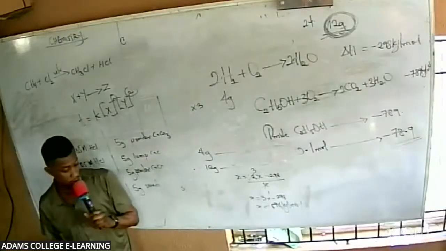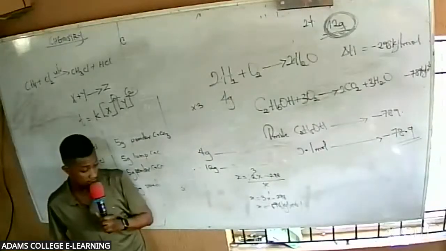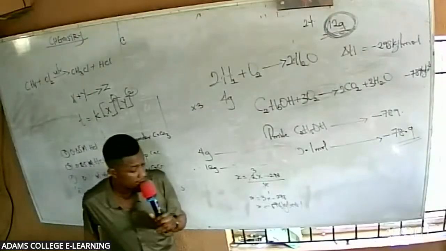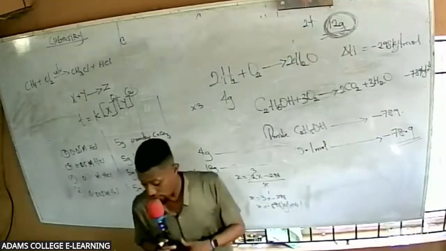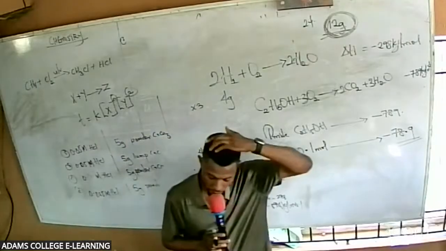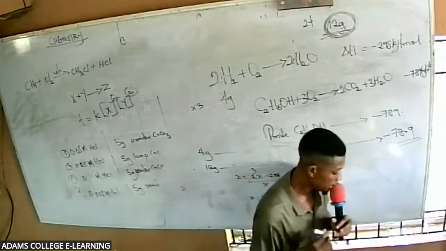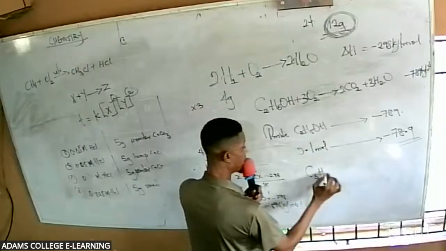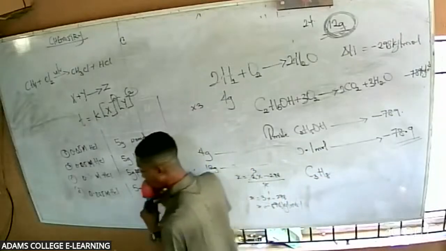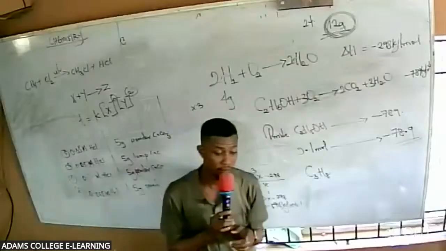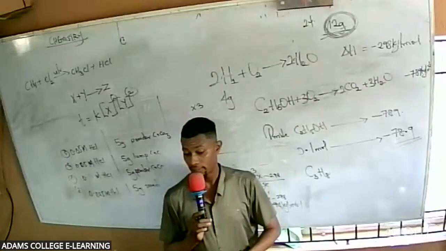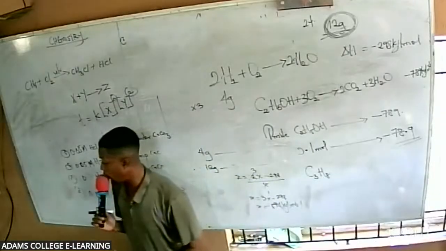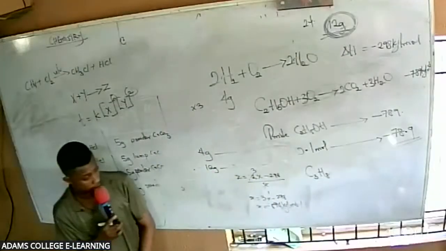Combustion of ethanol. Are you still writing? Sorry, that's ethanol. In the combustion of propane, C3H8.